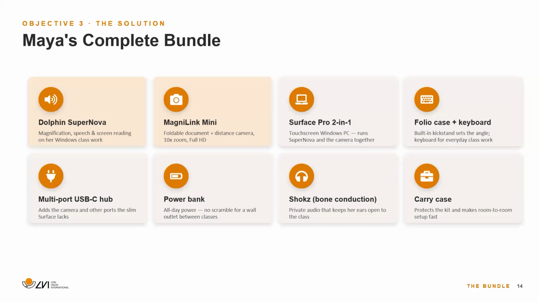And then maybe she needs a Shokz bone conduction headset so that she can hear what's going on with her device and attend to the teacher at the same time. And then, working with, say, an OT or with the school, we can look for a case that accommodates all these things so that it won't be difficult for her to pull out her Surface, plug this in, plug that in, and off she goes. She's ready for the day.